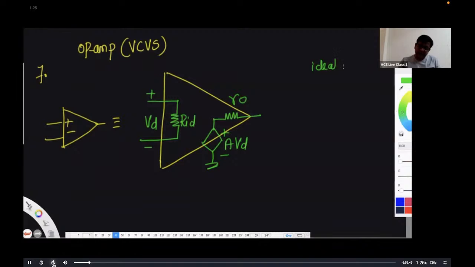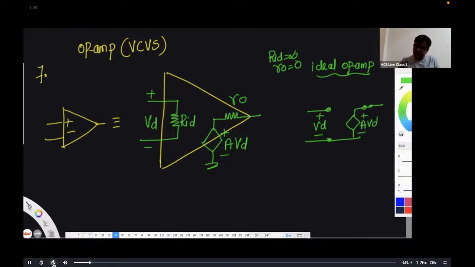If the examiner says ideal op-amp, then remember op-amp draws no current. So RID is infinite, this is VD, and R0 is 0. RID is infinite and R0 is 0, right? AV VD. So this model you can use.